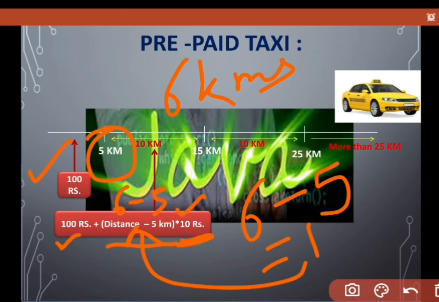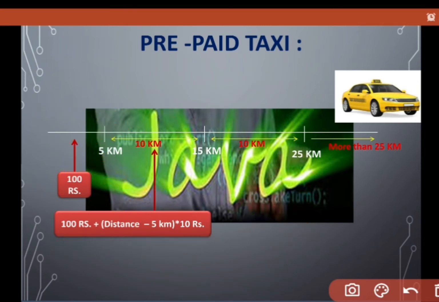Anyhow you have to pay 100 rupees because you have already covered 5 kilometers, and now you are covering more kilometers. So for the first 5 kilometers you pay 100 rupees, and then for the next kilometers you pay 10 rupees per kilometer. Actually this is 5 kilometers, and the next 10 kilometers means 5 plus 10 is 15. Till 15 kilometers we have to pay 10 rupees per kilometer.